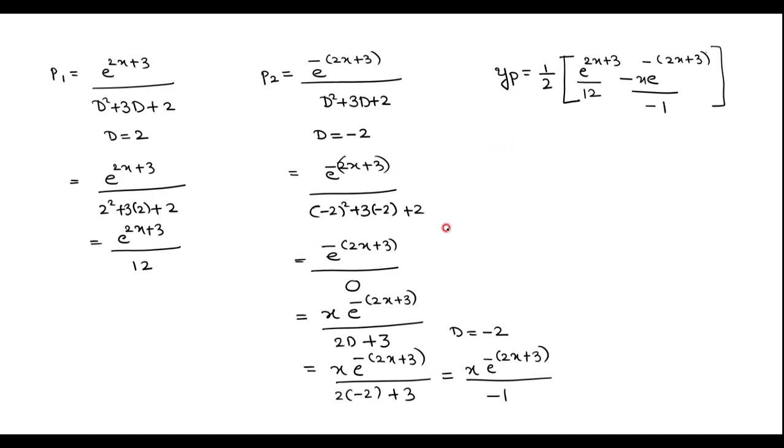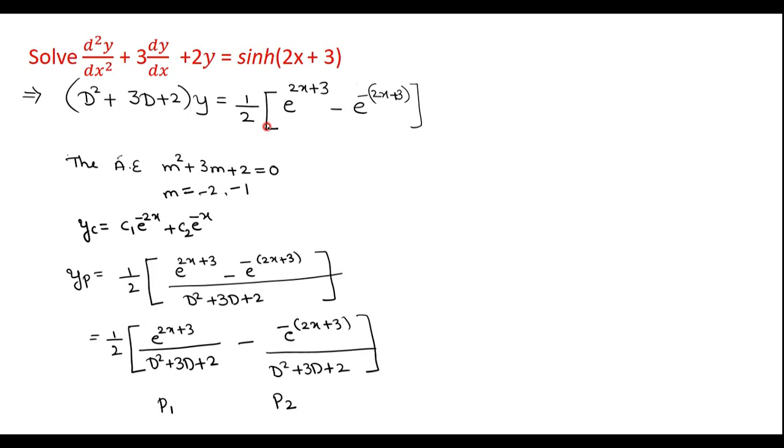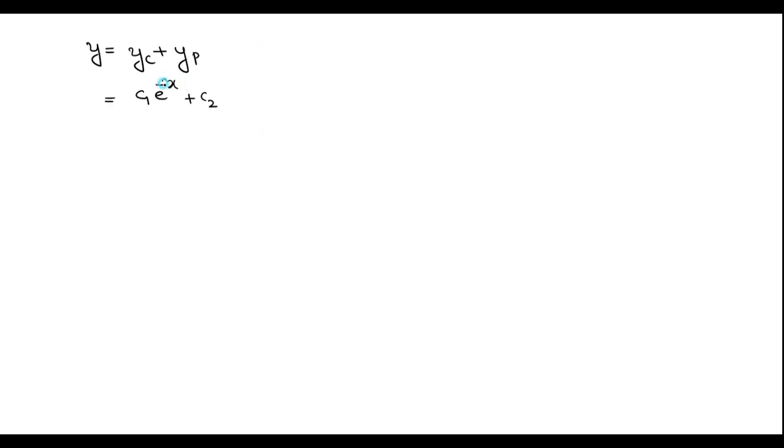Now we'll write the general solution of this. The general solution y is equal to yc plus yp, which is c1 e raised to minus 2x plus c2 e raised to minus x, and the particular integral is 1 by 2, e raised to 2x plus 3 divided by 12, minus, so that we can write it with a plus sign, x e raised to minus 2x plus 3.